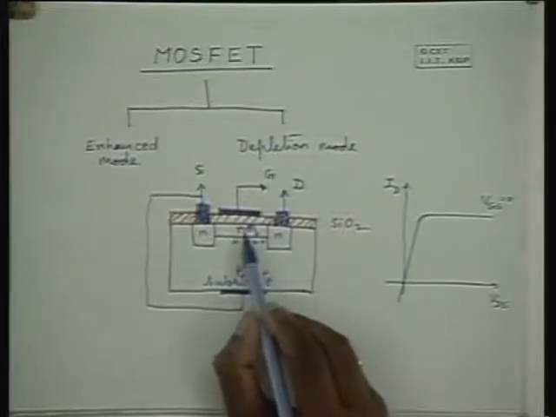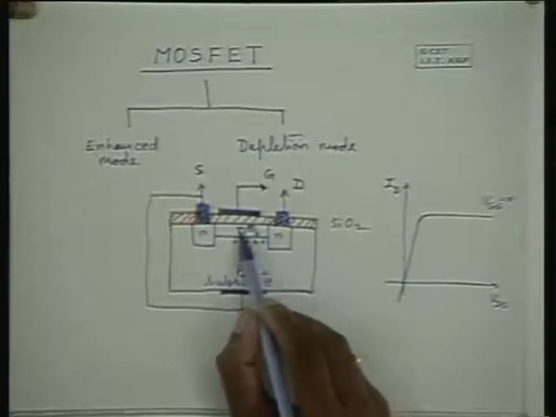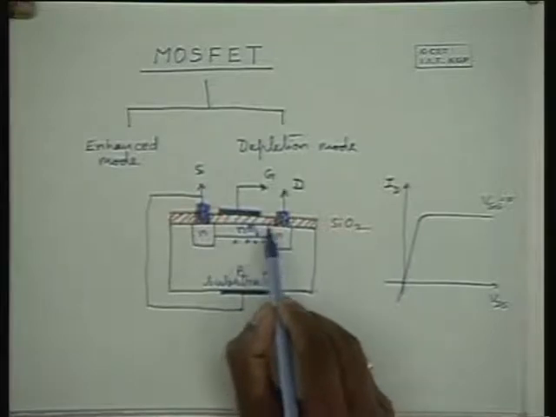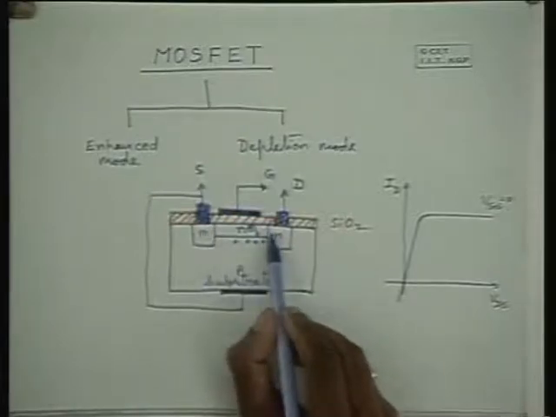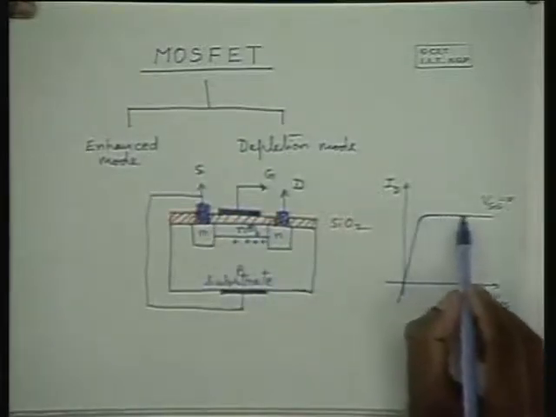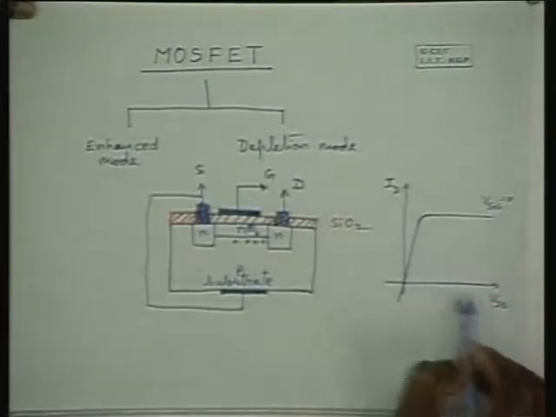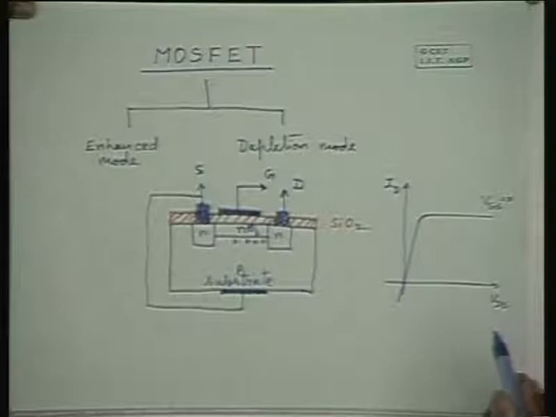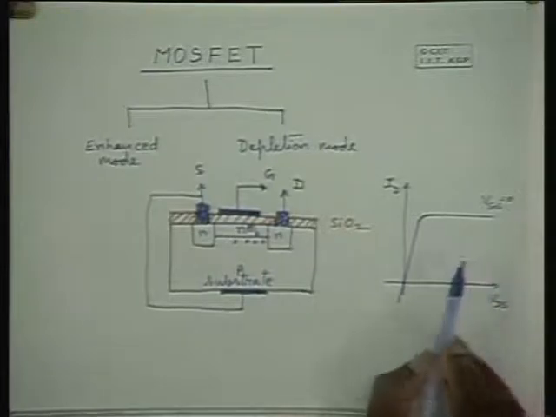And when the free electron concentration goes down, naturally the resistivity increases towards the drain side. And because of this reason, the current attains some saturation level, and it is maintained at that level beyond certain voltage. So that's why the characteristics is like this.